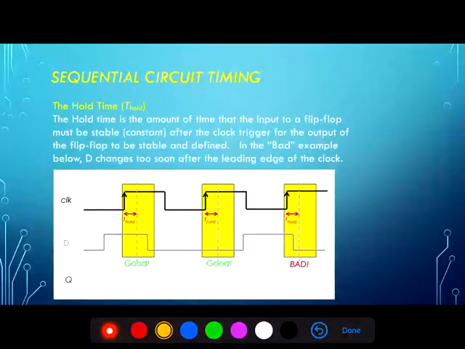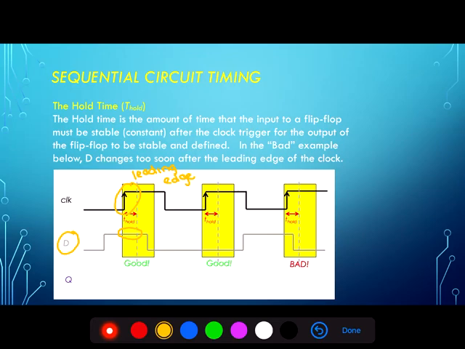The hold time is a similar parameter, but it considers the time after an active edge of the clock. Again, in this example, this is a leading edge of the clock that's the active edge, and the hold time is the amount of time that the input, in this case we've used the example of a D flip-flop again, must be stable or constant after the active or leading edge of the clock.